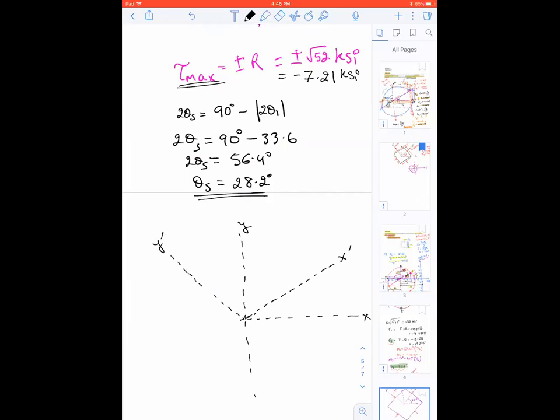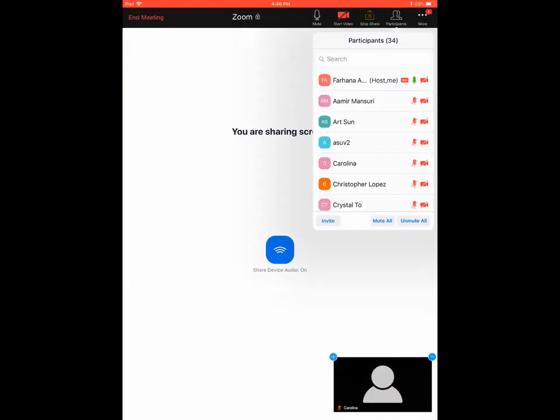If I draw it, this is going to be my element, and this is 28.2 degrees, the angle between x and x prime. Now, will there be any normal stress here, people? Will there be any normal stress?